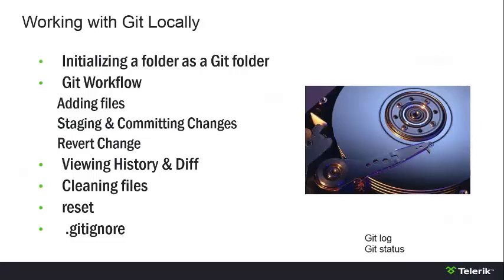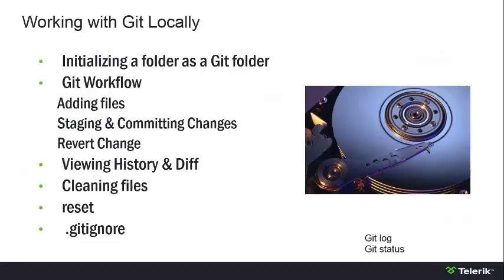Now, the first thing that you need to do to get working with Git is to obviously install it, which you've already done. Then you go to a folder where you want to keep your source files. This is where you initialize your Git folder. It's called initializing a Git repository or a Git folder. That's the first step. We've seen a bit of the workflow in the past where you add files, stage files, commit changes, and revert changes.